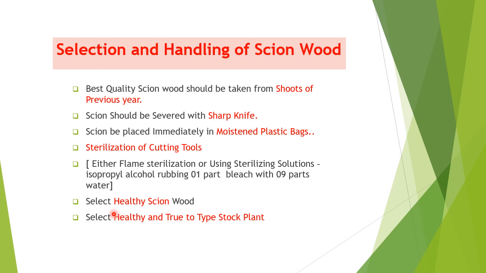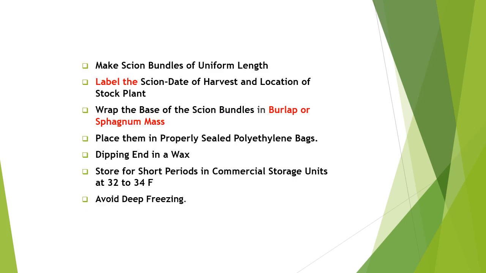So that means you have to select scion wood, and you have to select a stock which has a robust root system, and make scion bundles of uniform length. And you can label the scion with the date of harvest and the location of the stock plant.